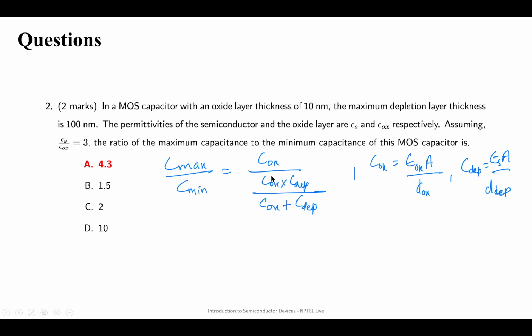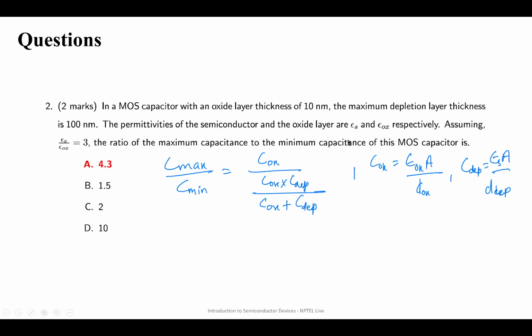So Cox will cancel with Cox, so it will become Cox plus C depletion divided by C depletion, and epsilon S you can write as 3 epsilon ox. If you solve all this, it will come out to be 4.3. Cox you can write as epsilon ox by 10.